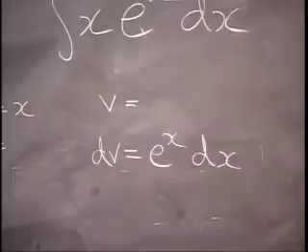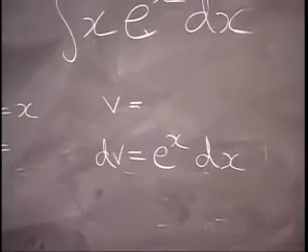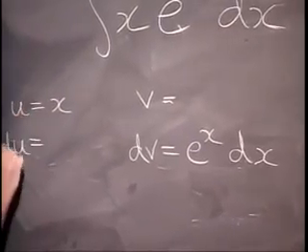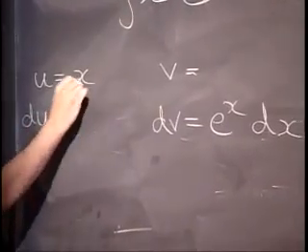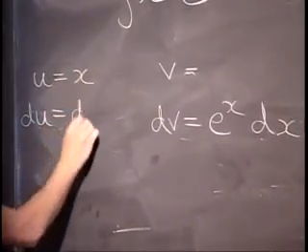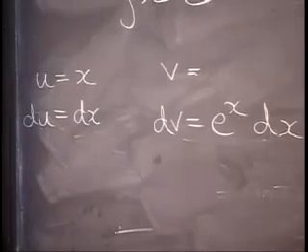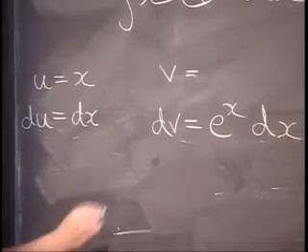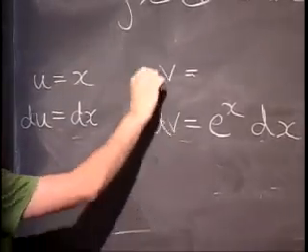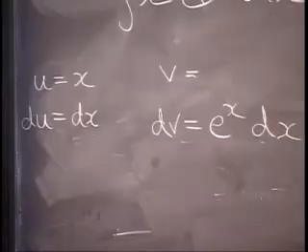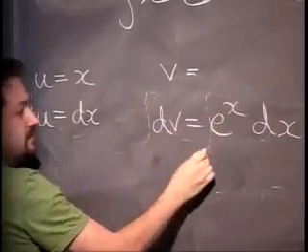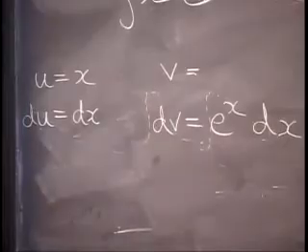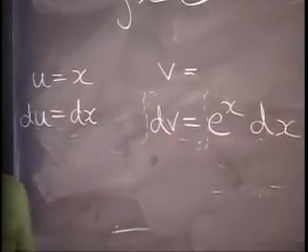So while we're working on this, how do you get from u to du? You differentiate. So the derivative of x is just dx. But how do you get from dv up to v? You mentally integrate. You normally don't write it there, but I want you to imagine ghostly integral signs over here.